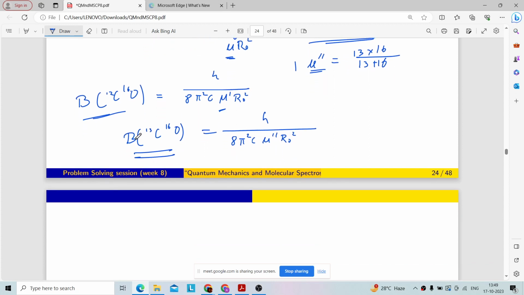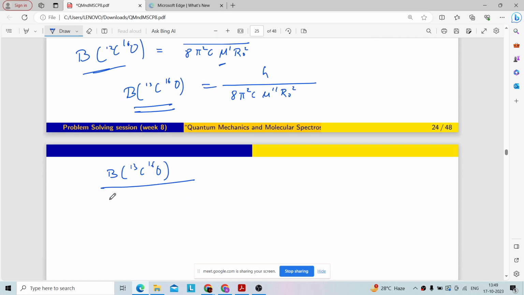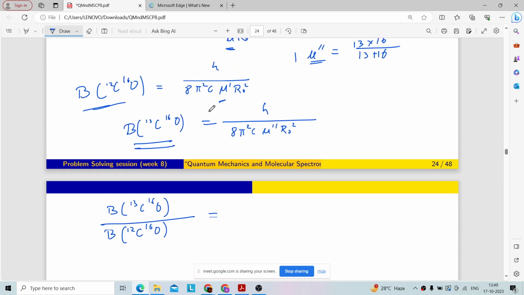Okay, if I take the ratio between these two, let's say B of 13C16O divided by B of 12C16O, you see in these two equations everything is the same except mu prime and mu double prime. So the ratio will give us, with 13 in the numerator, mu prime over mu double prime, right?